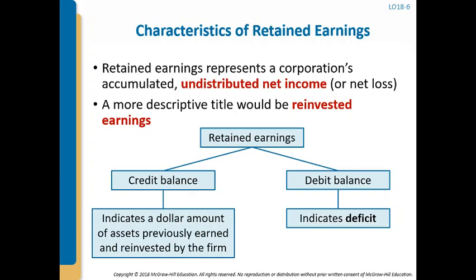Well, how do they make up the difference to fund their operations? Well, they have lots of stock that they've distributed for cash. And so anyway, if you have a company with a credit balance in retained earnings, that's all their prior period retained earnings not paid out in dividends to shareholders.